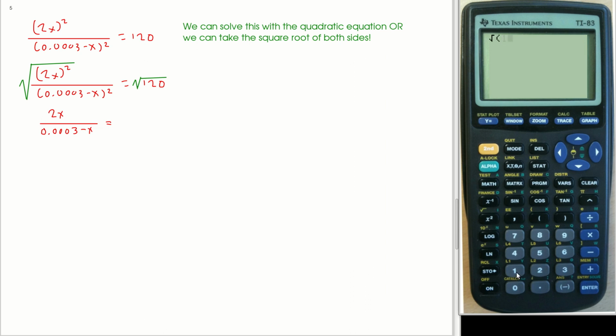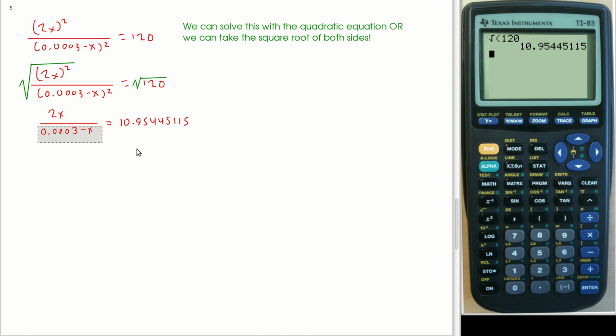Square root of 120, 10.95445115. So we have to get x to be basically by itself. I guess the first thing we can do, and you don't have to solve it exactly the same way I do, but I think I want to get this out of the bottom.